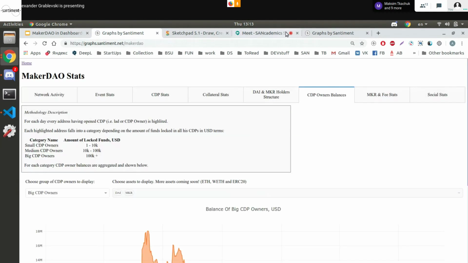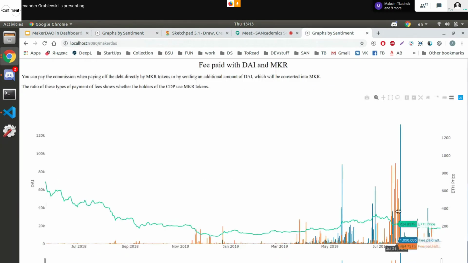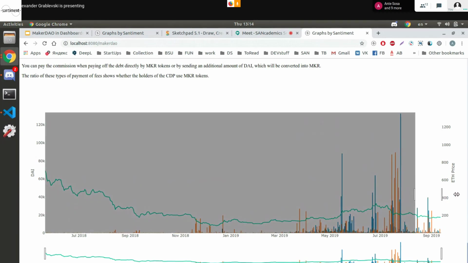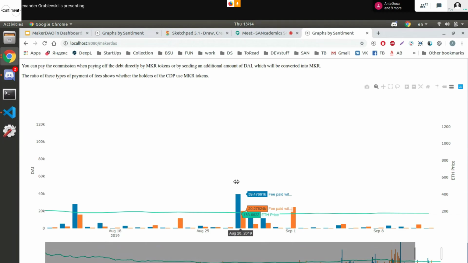So there's not much difference, but that's again a good metric for traders, because if you see that a lot of fee was paid with DAI, not with Maker, it means that a lot of trades will be happening against Maker via DAI. So we expect that the Maker price tends to grow. Yeah, that's just a hypothesis that you can test on your own.